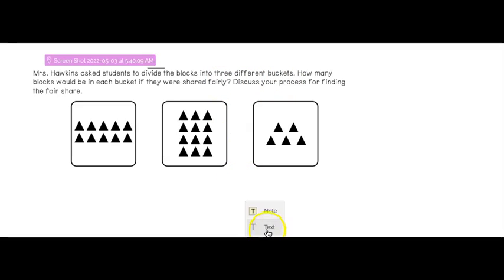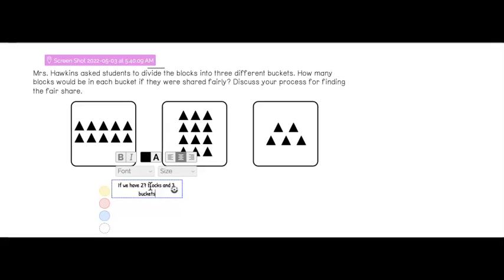Well, if we have 27 blocks and 3 buckets, in order to share fairly, each bucket would get 9 blocks.